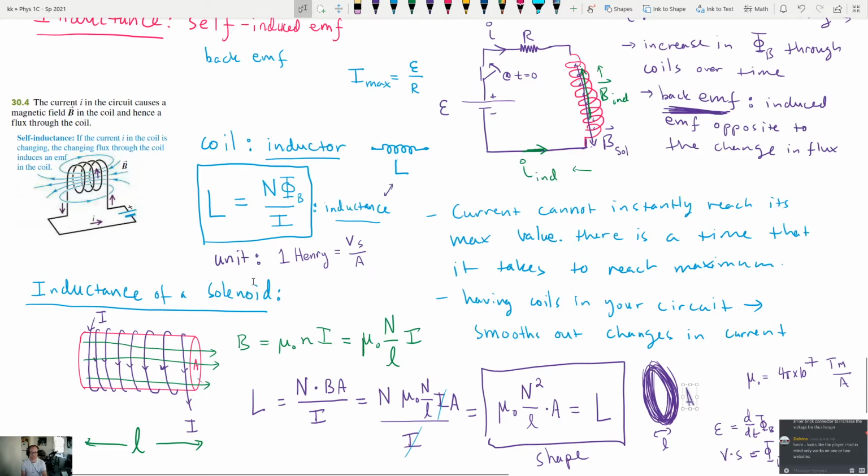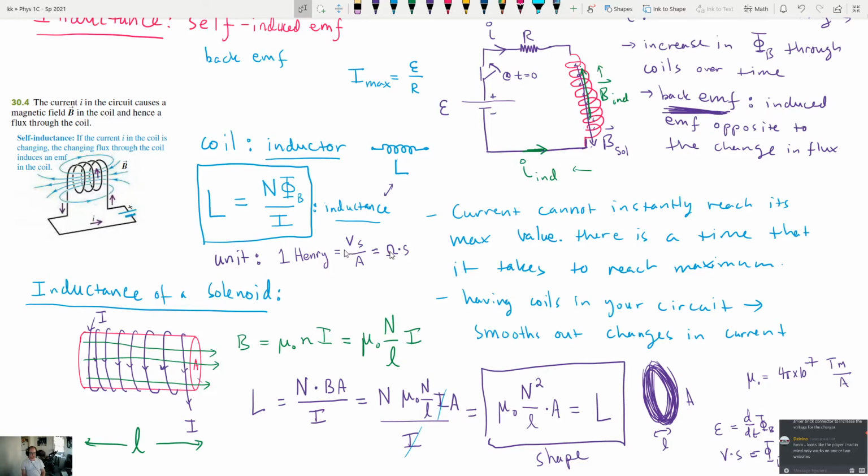So the unit of Henry is volt seconds per amp. What's a volt over an amp equal to? Is that ohm? That's an ohm, yeah. So the other unit that you can compare this to is ohm times seconds. So the unit of inductance is a Henry.